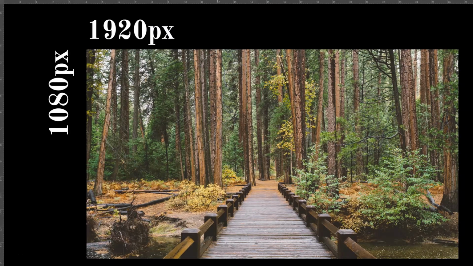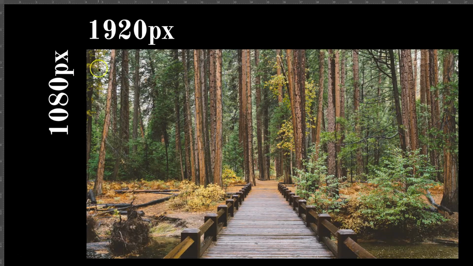So this image that I have here consists of 1920 pixels all the way from the left to the right, and that is the width. And then it consists of 1080 pixels all the way from the top to the bottom, and we refer to that as the height.